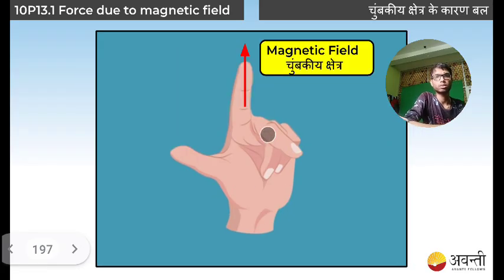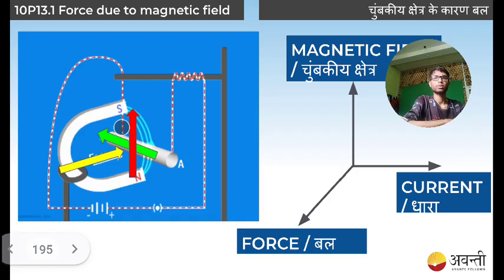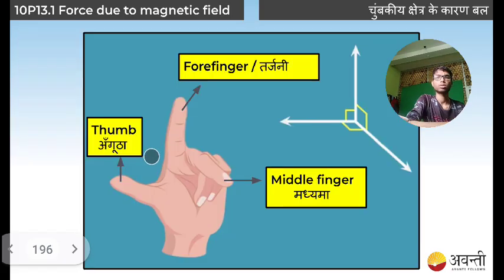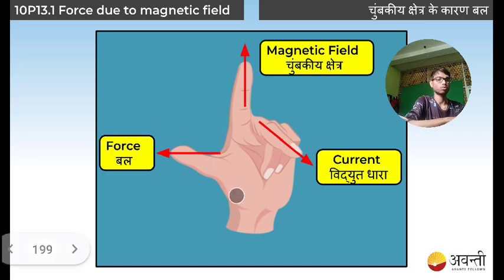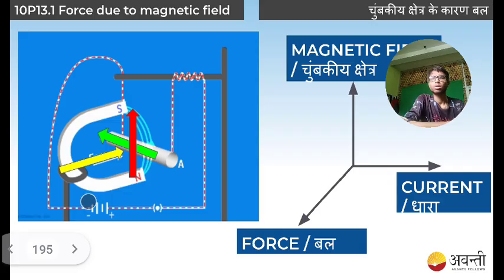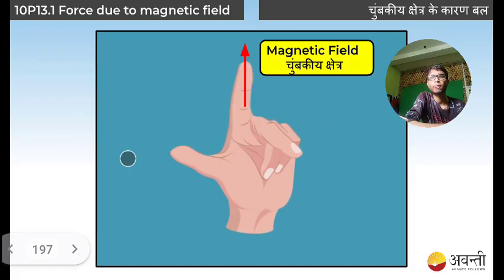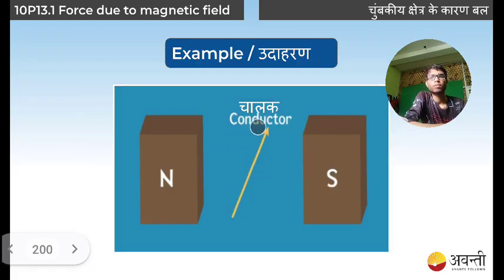What is the work of this magnetic field? Yeah, this is a magnetic field, and this is a current, and this is a force. Here attraction is happening. Conductor.